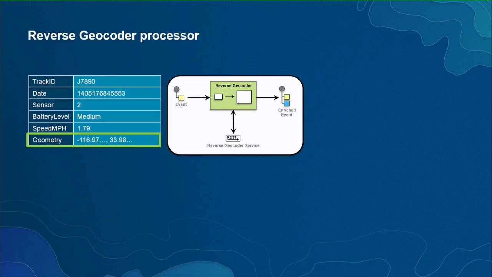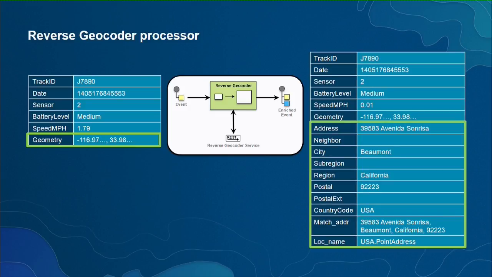We simply take that point, we send it out to the service, and what we get back is a set of address characteristics: the street address, the city, state, the postal code, as well as the match address that concatenates all of that information into an address string that you can actually use. And then in our use case, this would go out to a text message or an email to the supervisor so that he or she knows where to go to respond to this particular case.